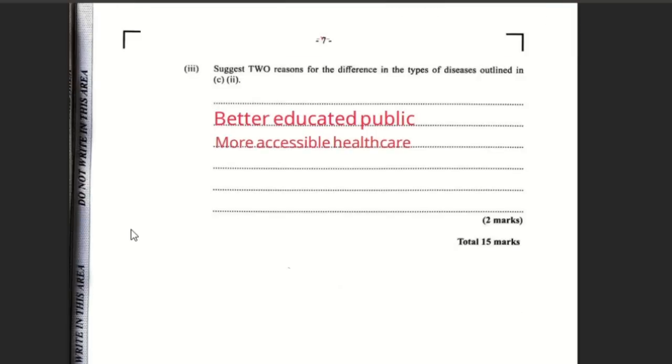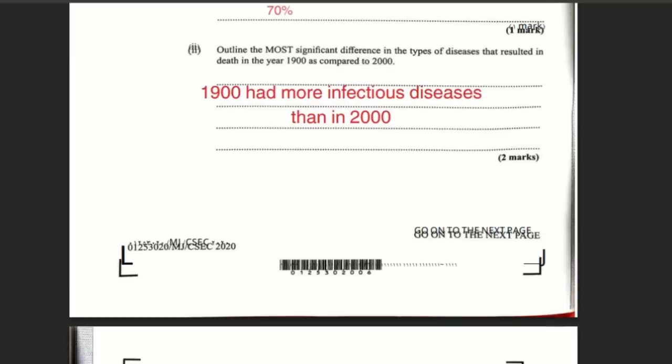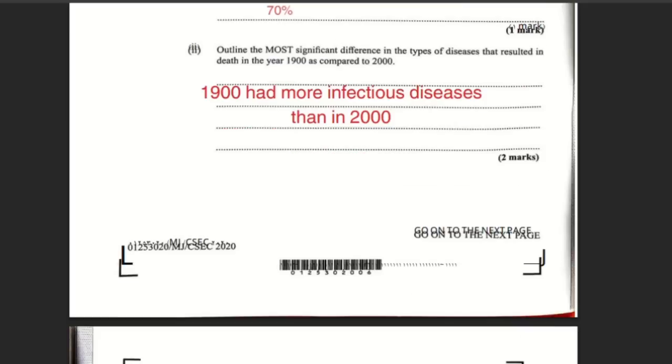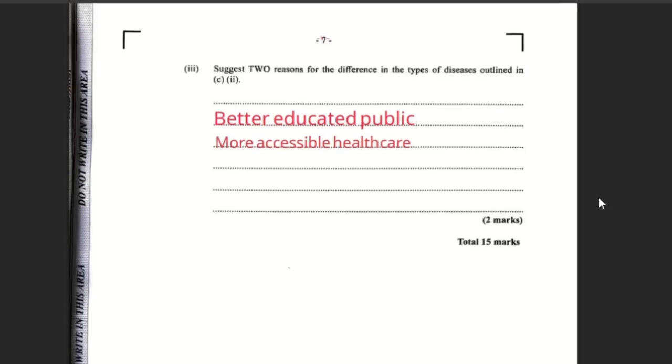Right, so then it says suggest 2 reasons for the difference in the types of diseases outlined in C. So basically, what can explain the difference in the types of diseases between the 2 years is perhaps a better educated public.